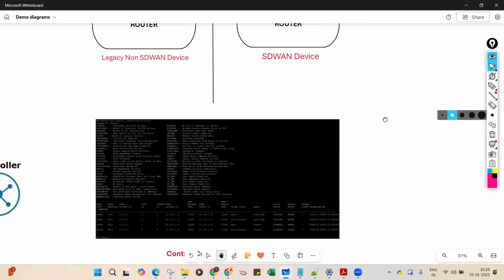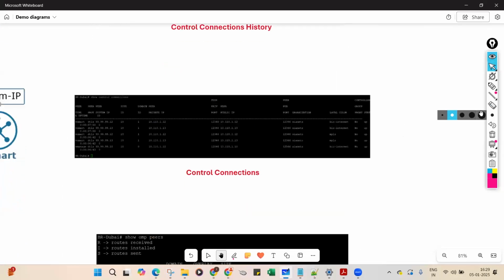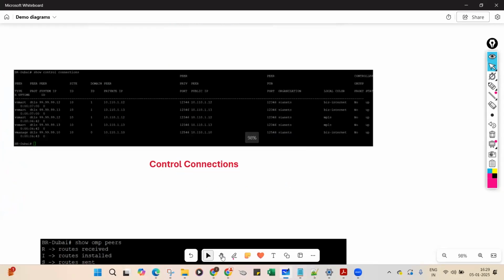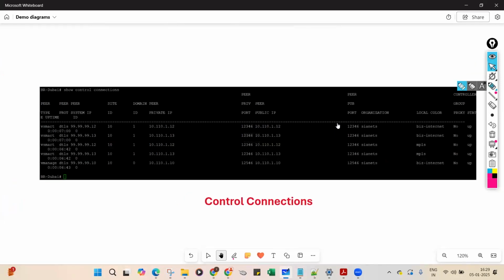Once the tunnel is formed between the WAN edge router and the controllers, this is how we get it. If we do show control connection history from one of the branch routers, we can see that we have a tunnel with vSmart using the system IP.